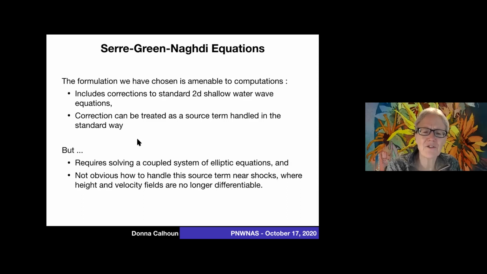And it's not so clear how we handle the source term near shocks where the height and the velocity fields are no longer differentiable. So there are some drawbacks to worry about. Our focus recently has been simply on solving these elliptic equations, and we haven't yet started to think in any depth about what happens near shocks.